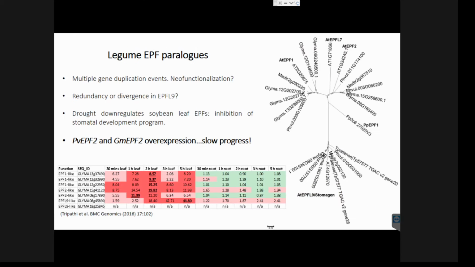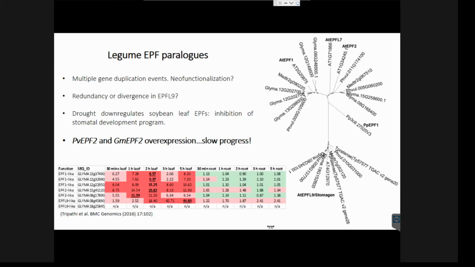So one of the issues, and there are many issues with legume work, is that there are lots of paralogs compared to Arabidopsis and especially compared to moss. So my work has also been trying to understand what these EPFs do in common bean and in soybean. There's lots of duplication events, especially in soybean, that we have to try and work around.